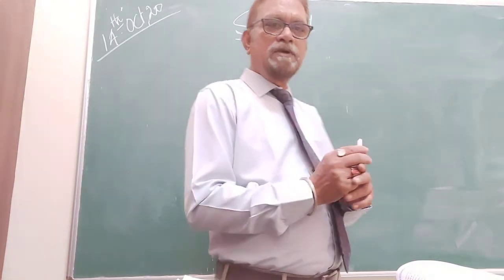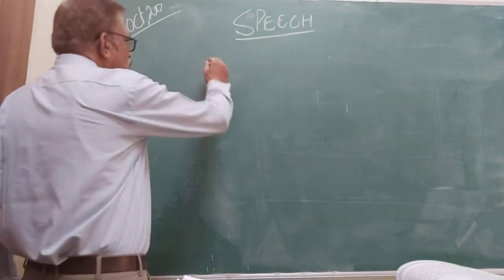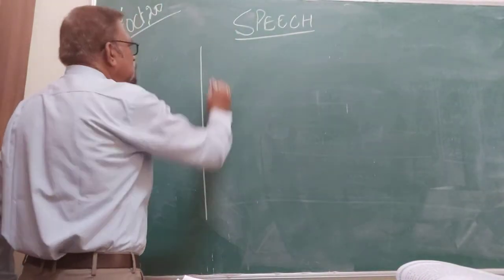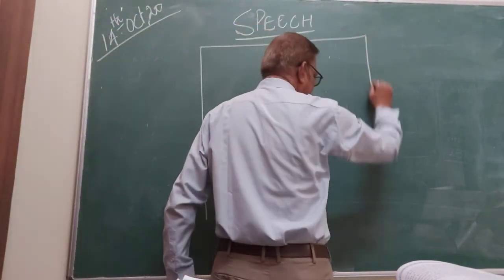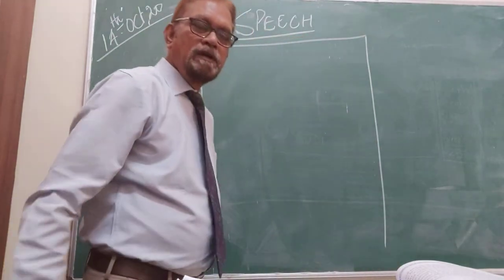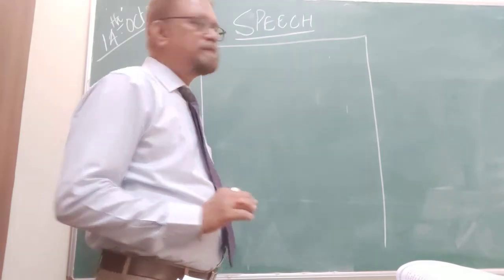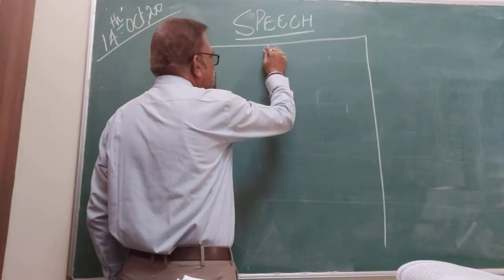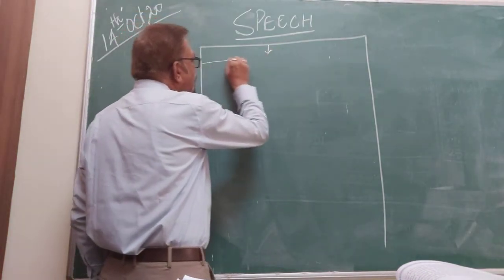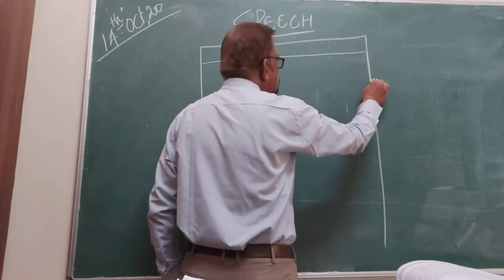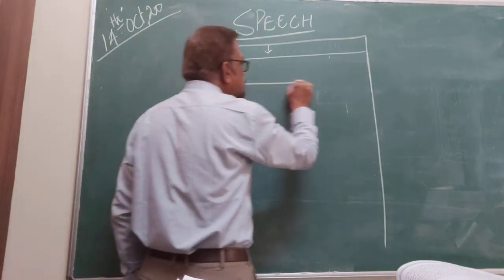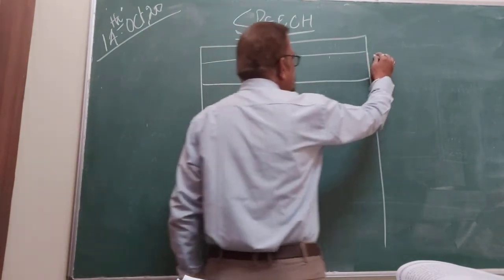So first and foremost, if you just take up how the speech is written, it consists of basically 3 paragraphs. As usual, from the top you leave a line, and this box actually is your first paragraph.